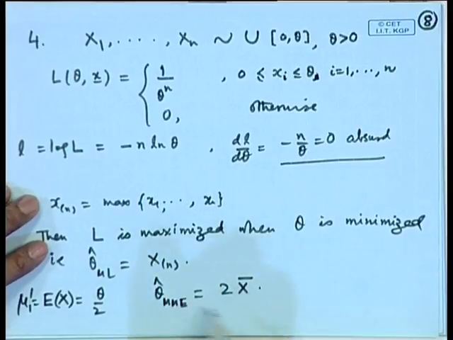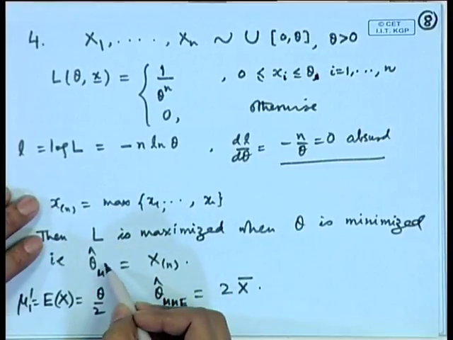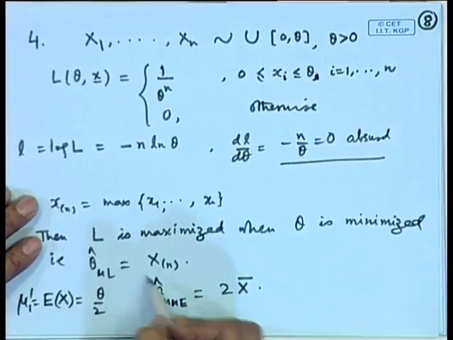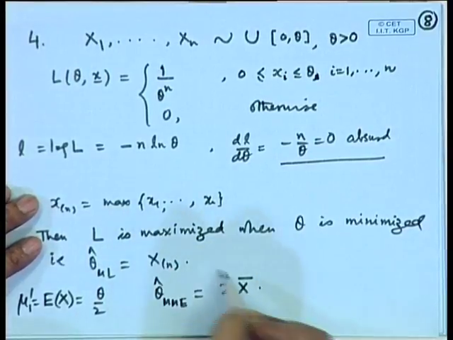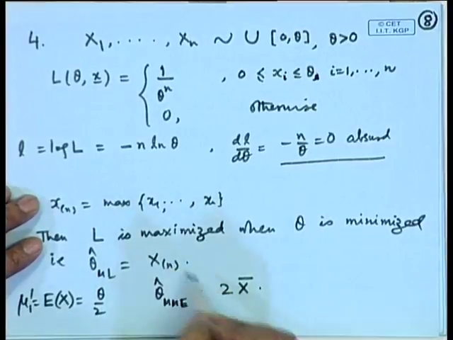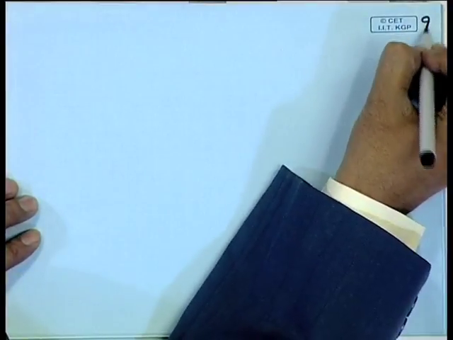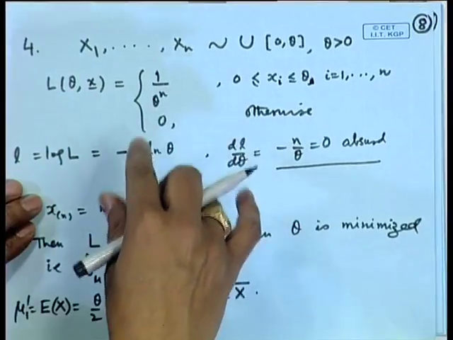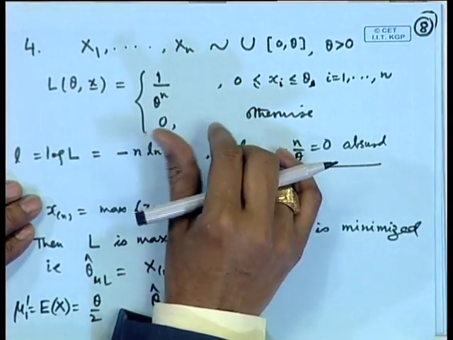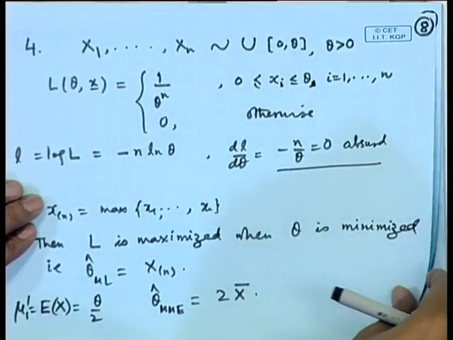You can see the situation here: the method of moments estimator and the maximum likelihood estimator are totally different. Here it is the maximum of the observations and here it is 2 times the average of the observations. Further, this example illustrates that the method of taking logarithm and differentiating does not always work.